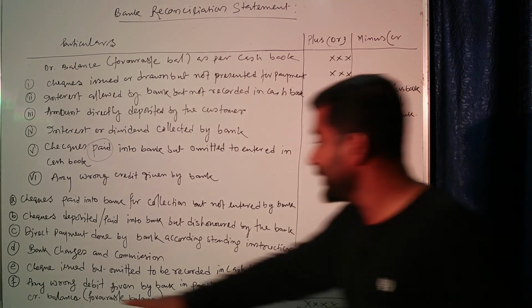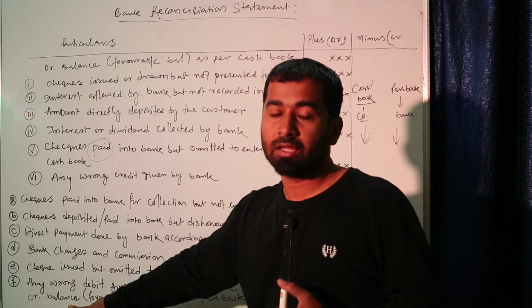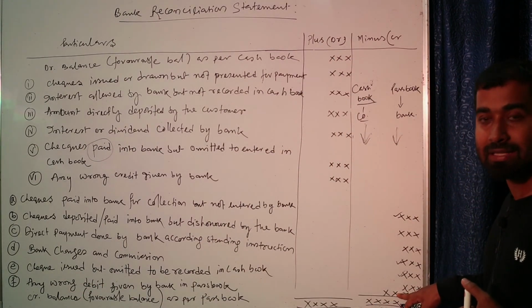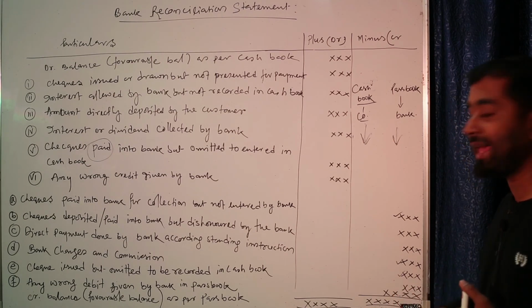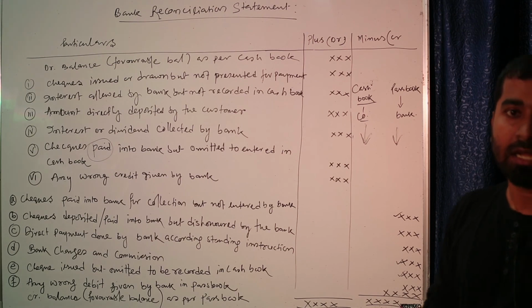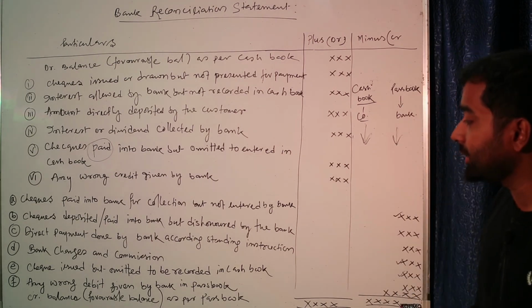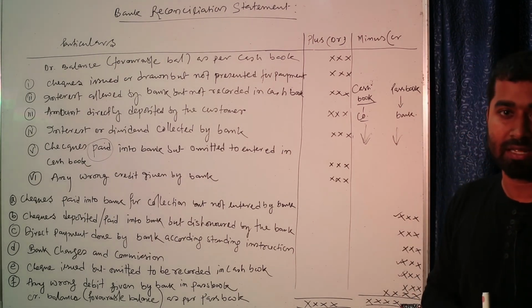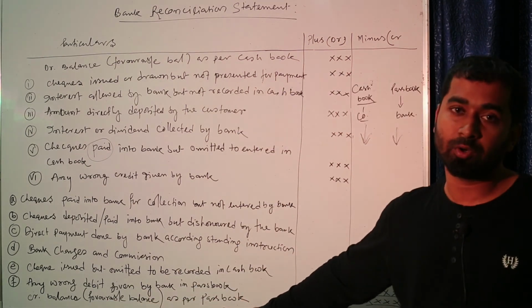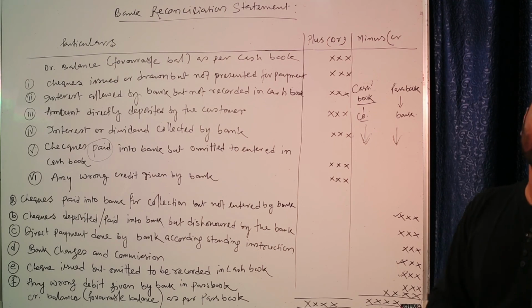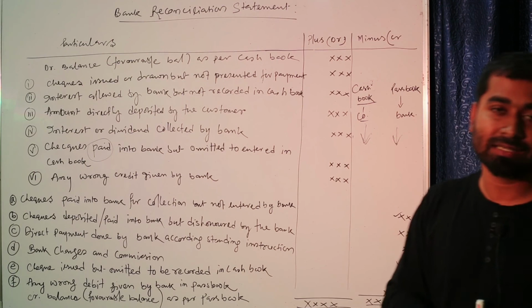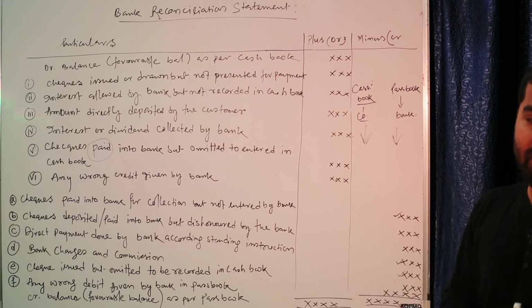If I have a credit balance, it is a positive balance as per the passbook, because a credit balance as per the passbook is the favorable balance. That's why it is written: credit balance, favorable balance as per the passbook. If you get a debit balance as per the passbook, it should be the minus sign, that is an overdraft. Remember that.